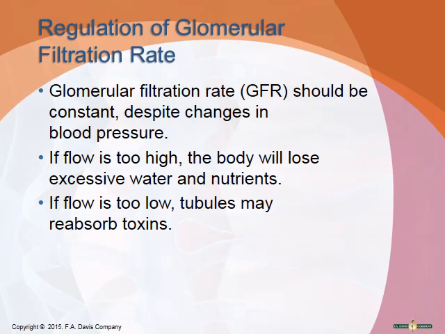If the flow is too high, there'd be too much lost, too much water, too many nutrients. If it's too low, then the tubules may reabsorb toxins back from the tubes into the bloodstream, and we don't want that either. So there's a couple of processes that will regulate glomerular filtration rate.